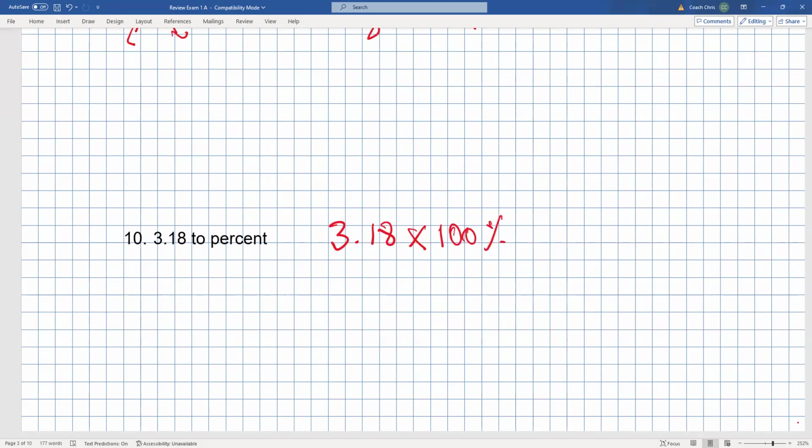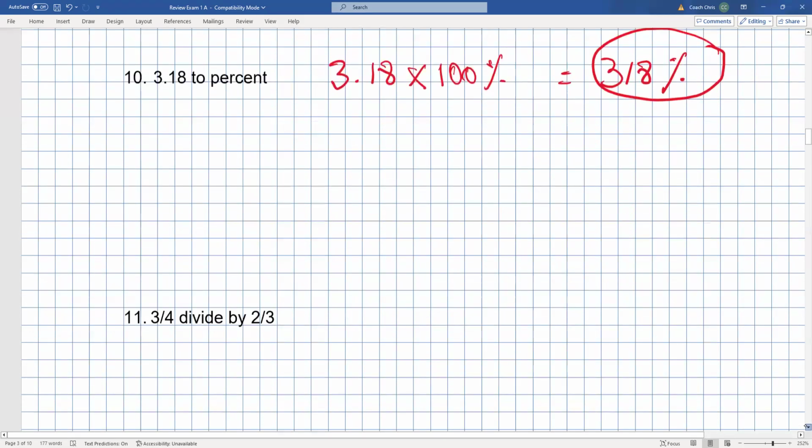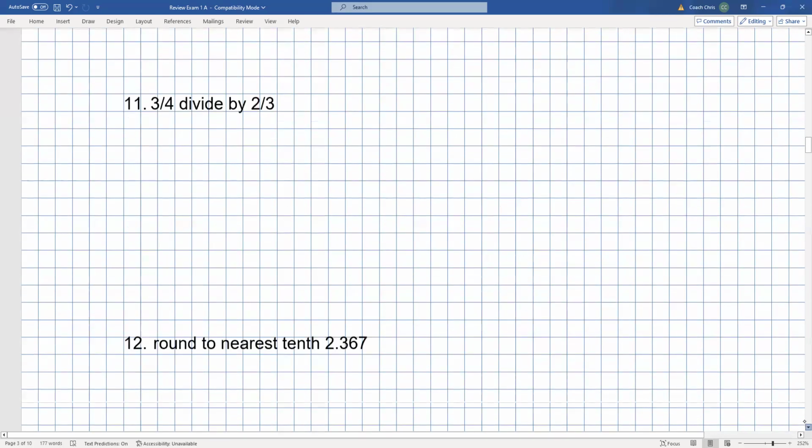So once you do this, you got 3.18 multiplied by 100%, you will have 318%. So do not forget your percentage sign. If you leave your percentage sign off, your answer is going to be incorrect, because the question is convert that decimal number to a percent.